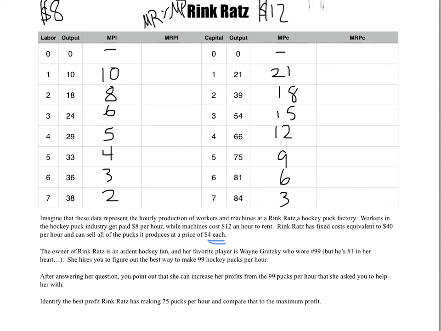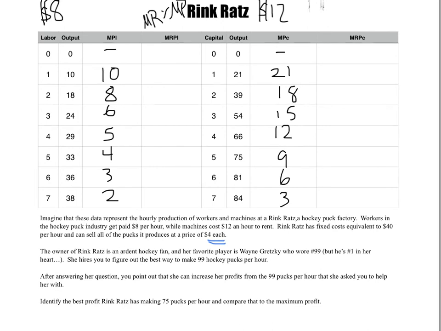In the directions, it says they can sell all of the pucks it produces at a price of $4 each. That means that they're selling the hockey pucks under conditions of perfect competition, and that the price is equal to the marginal revenue. So what we're going to do is multiply this marginal revenue, $4, times the marginal product of labor, and then times the marginal product of capital, so we can find their respective marginal revenue products.